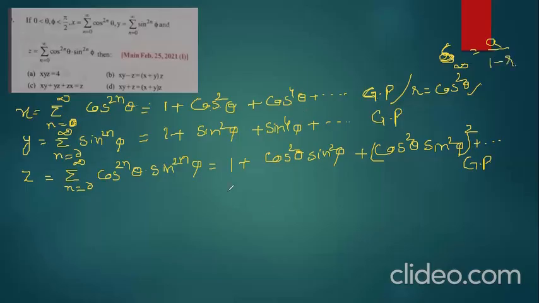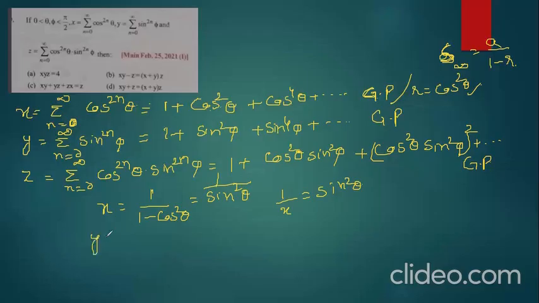Let us apply this for all these things. For the first one, x is equal to 1 by 1 minus cos square theta. Yes, that is sine square theta. So x is equal to 1 by sine square theta, then 1 by x is equal to sine square theta. Correct.